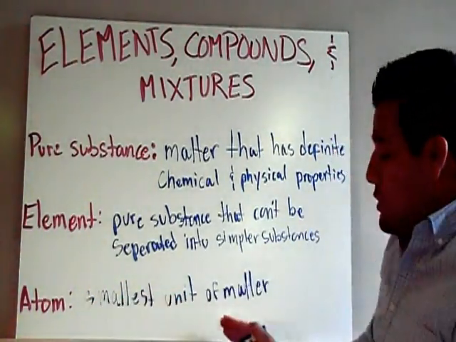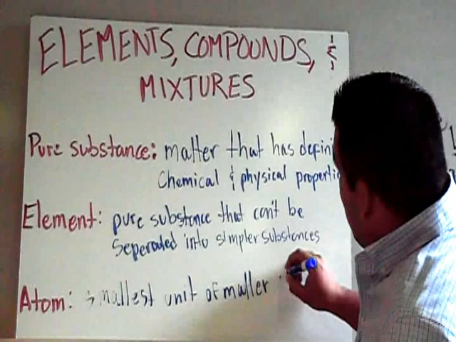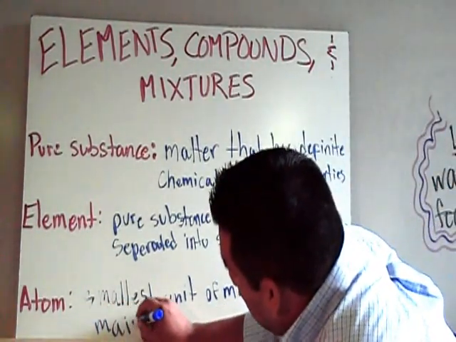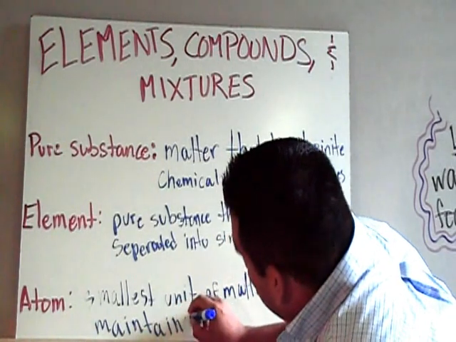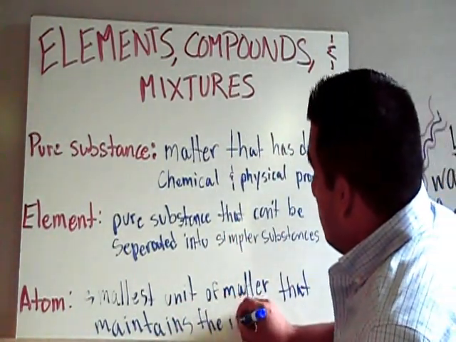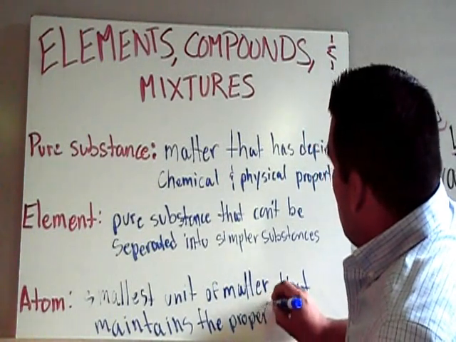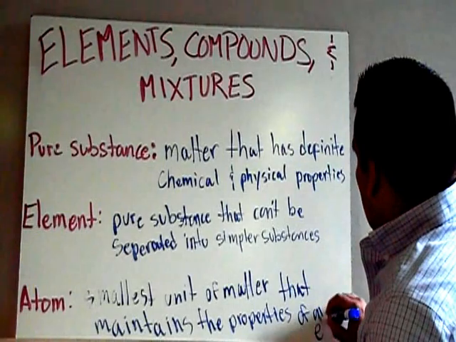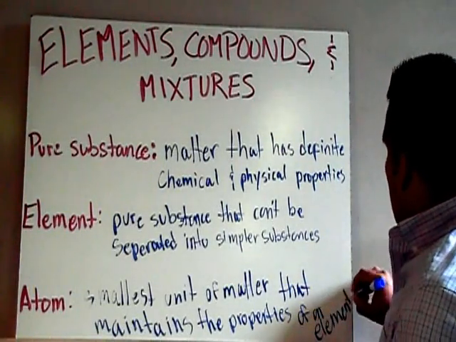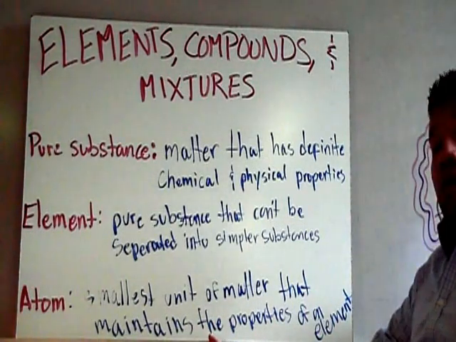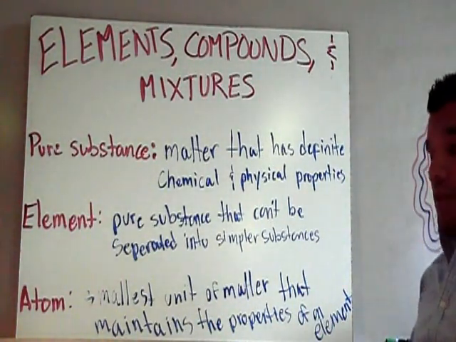An atom is the smallest unit of matter that maintains the properties of an element.